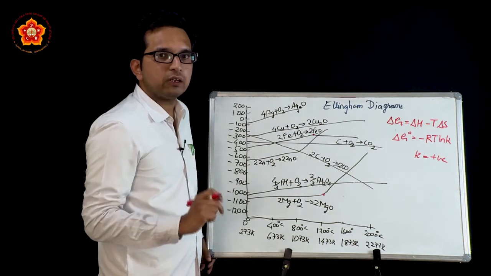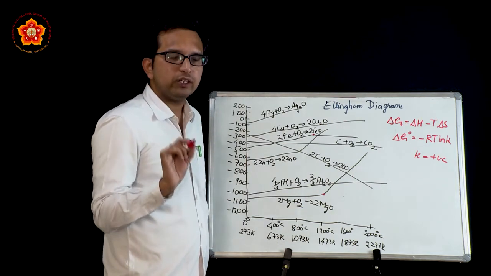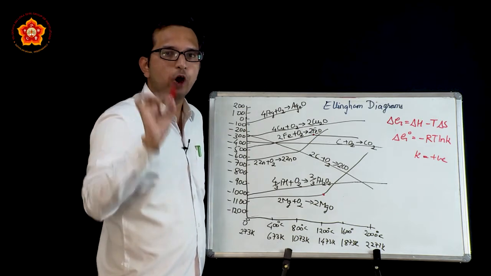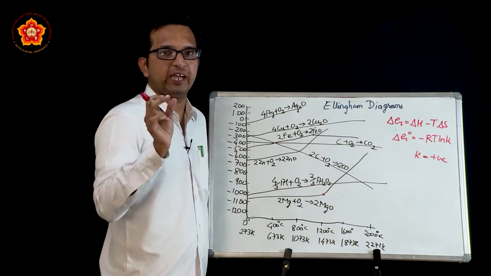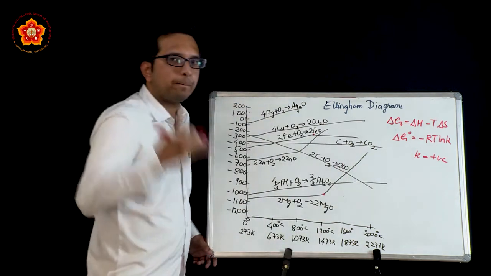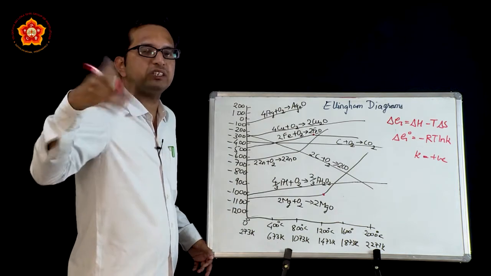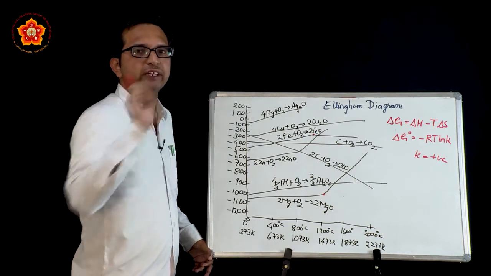We remember that the K value we write is equal to the concentration of products divided by the concentration of reactants. So for K to be positive, the product value should be much higher, and that can only be possible if it is a forward reaction.